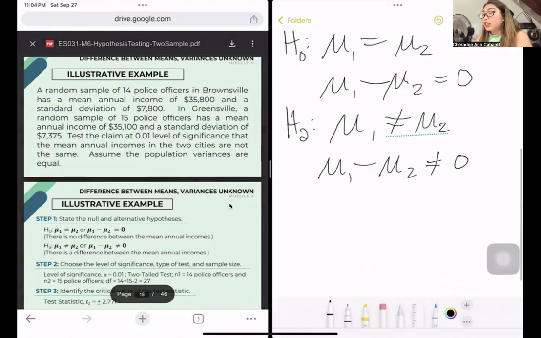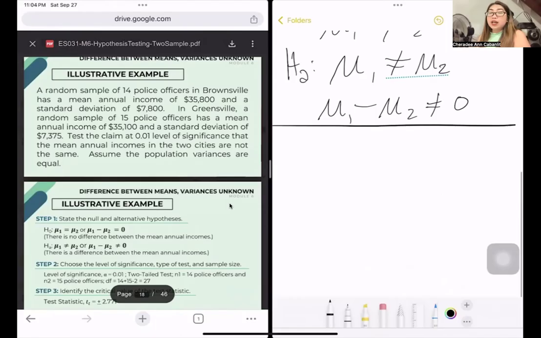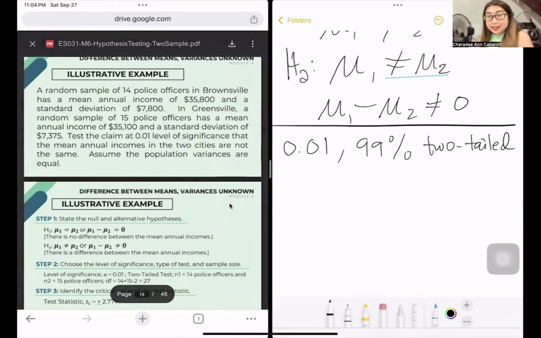All right, now let's proceed to the second step. The second step is your level of significance, which is 0.01. That's 99% two-tailed. Now, you will not be focusing on Z here because you are going to use the t-test, because N1 and N2 are both less than 30.